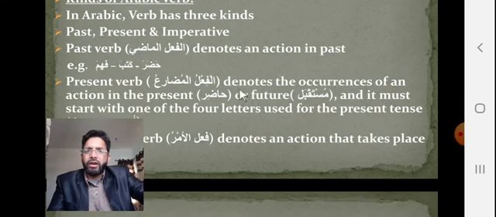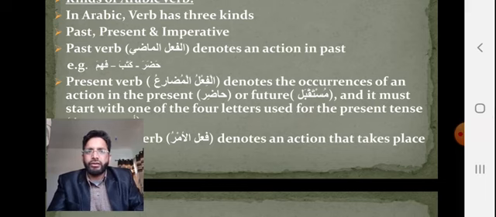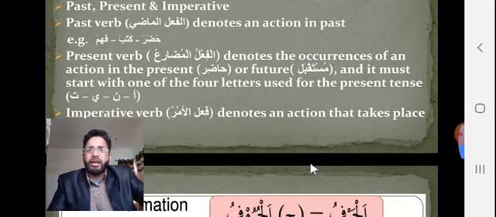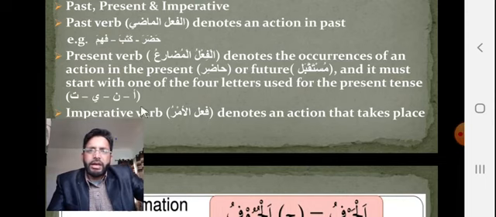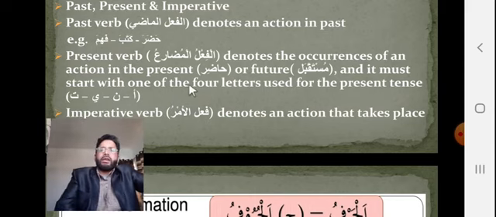Al-fi'l al-mudari denotes occurrence of an action in the present or future, and it must start with one of the four letters used for present tense: alif, ta, ya, noon. These are called ahruf al-mudari, letters of mudari. So we use these four in a madi and it becomes mudari.